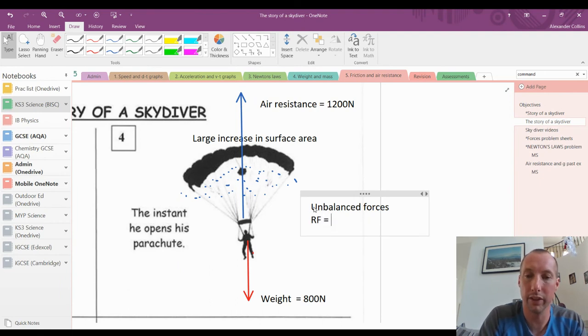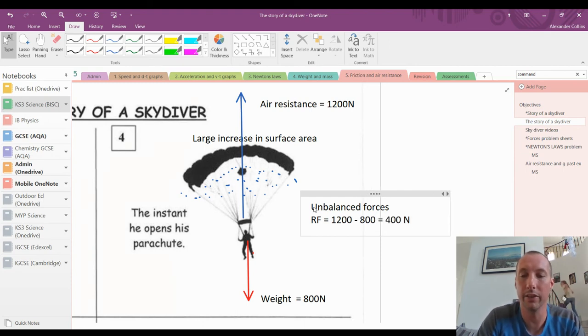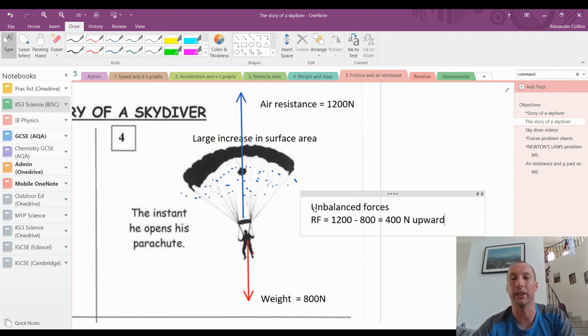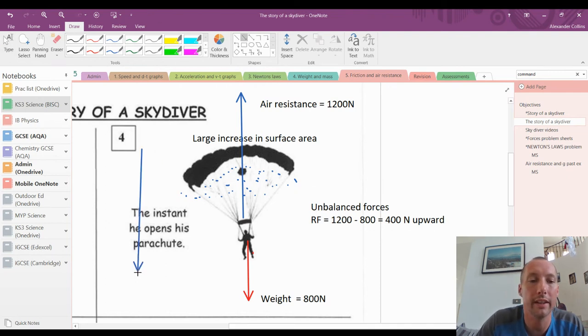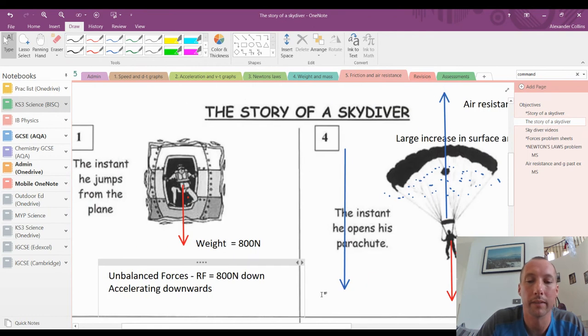The resultant force here is going to be 1,200 minus 800, which gives me 400 newtons as my resultant force, this time in an upward direction. Now, people often get confused by this and say, the resultant force is in an upward direction, so the skydiver is going to move upwards. Well, the skydiver is not going to move upwards because he was already moving in a downward direction. So the skydiver's motion was already this way, downwards.